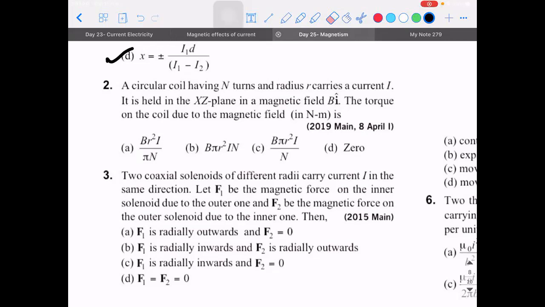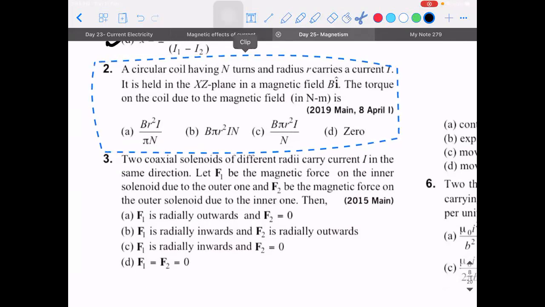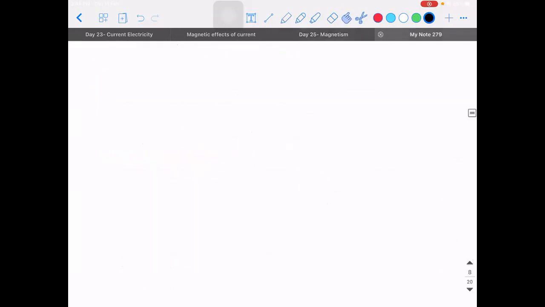So how to calculate? What is the formula for torque? For the second problem, what is the formula for torque now? Magnetic moment cross magnetic field. Yes, M vector cross B vector, right?